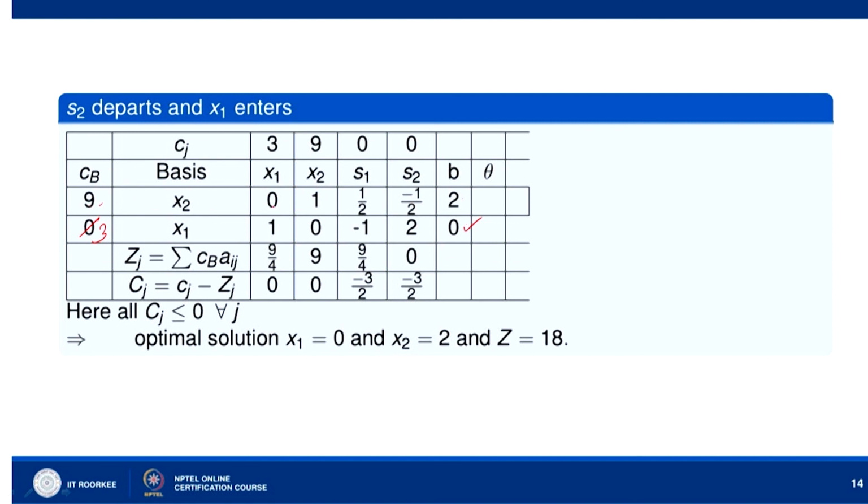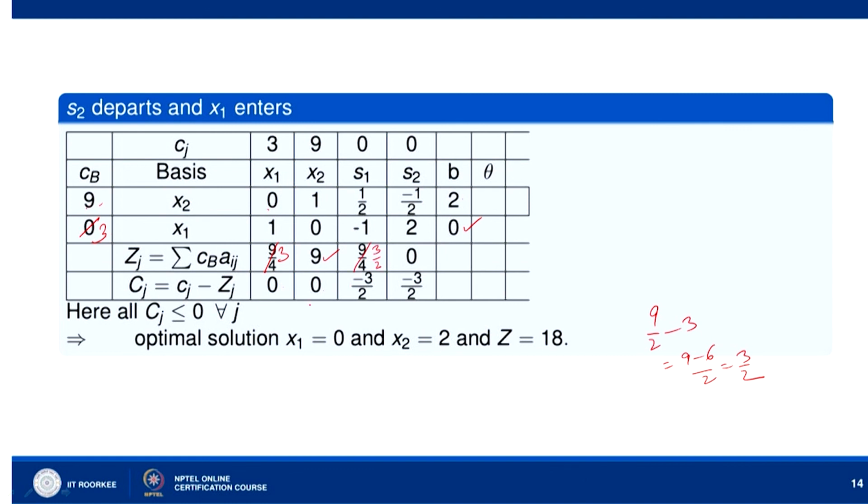So 9 into 0 is 0, 3 into 1 is 3, 9 into 0 is 0, 3 into 1 is 3, so this should be 3. 3 minus 3 is 0. Then 9 into 1 is 9 and this is 0, so we get 9, and 9 minus 9 is 0. Then 9 into 1 by 2 is 9 by 2, and this is minus 3, so 9 by 2 minus 3 gives 3 by 2.